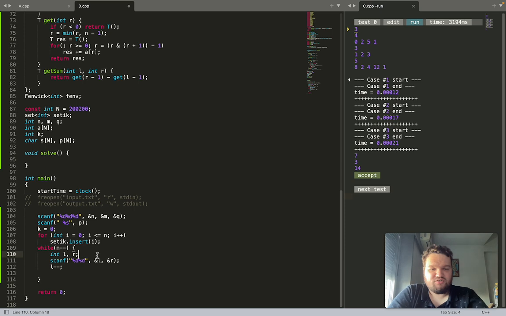We exhausted all the indices on the segment, and for that I inserted n in my set so that I always have an element that is after everything, so I don't have to make an additional case for when I reached the end of the set.